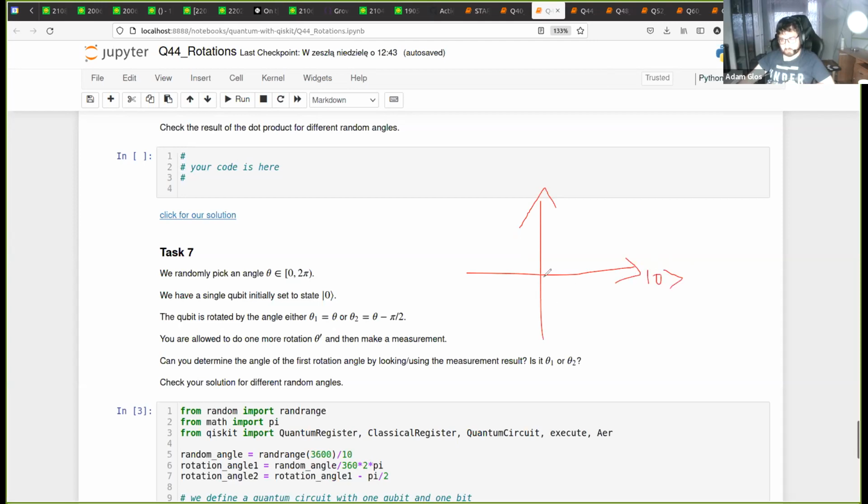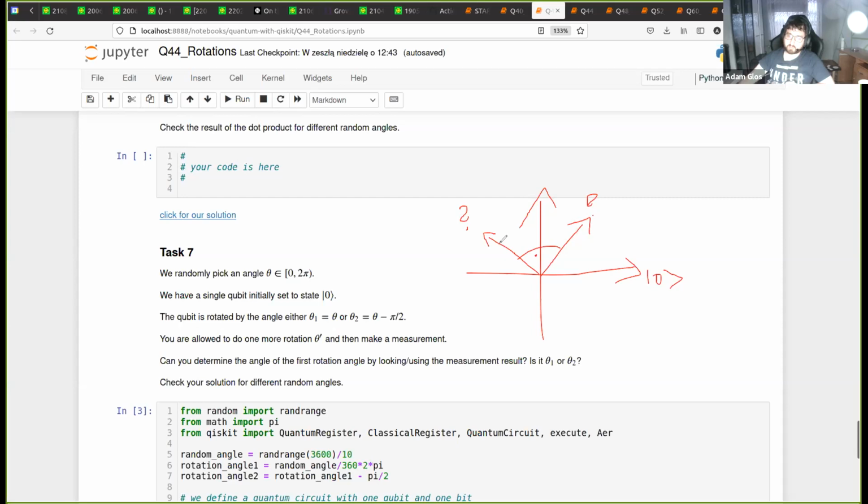So you are rotating 0 by either θ1, sorry, or θ2. Another question is, which state do you get?